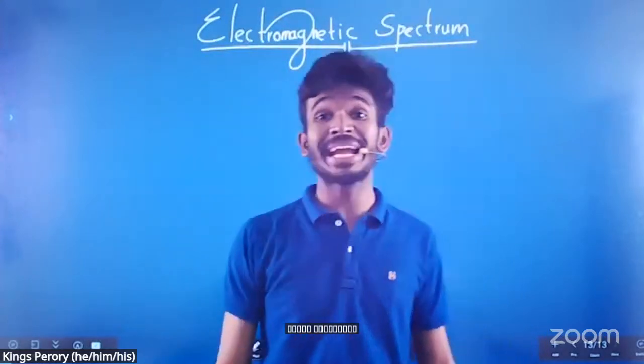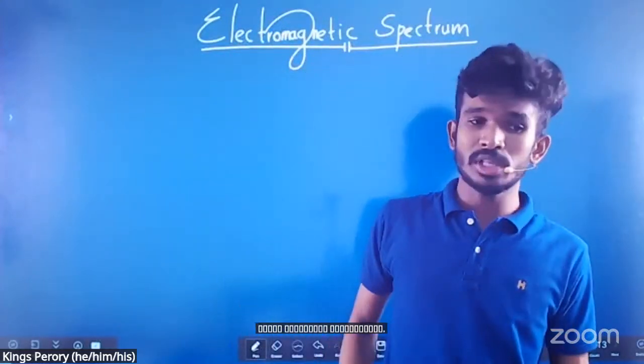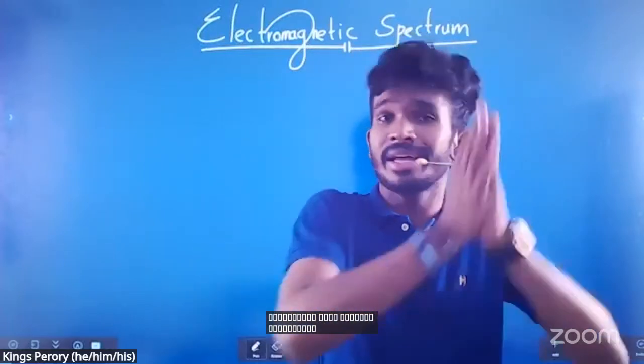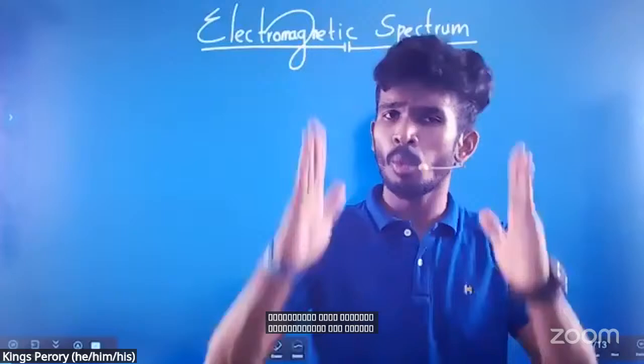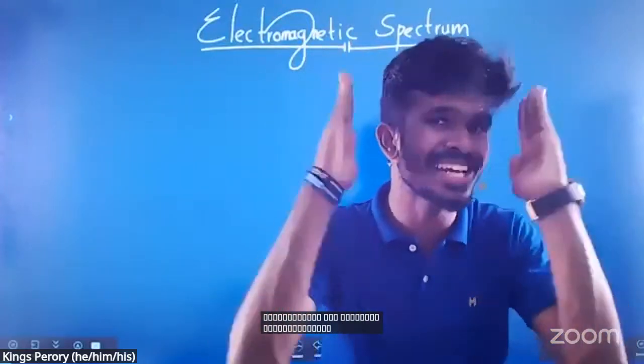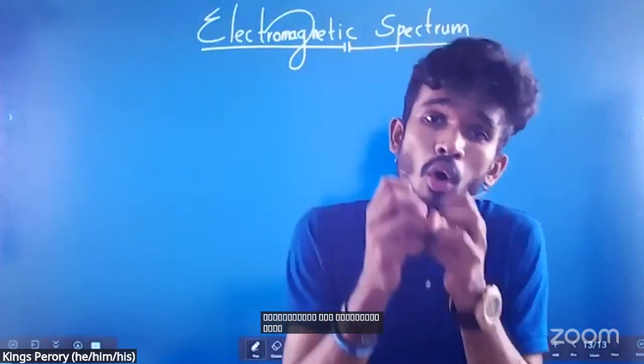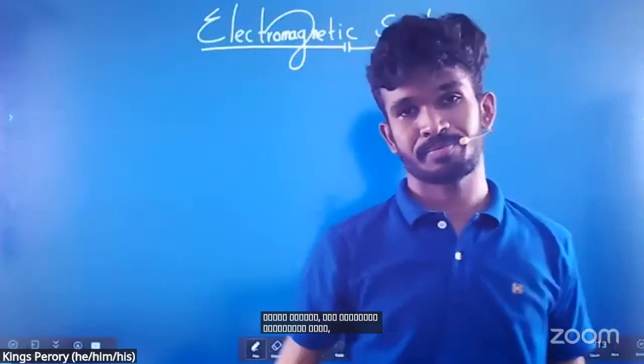Electromagnetic spectrum. Open the mouth and pronounce the name. Electromagnetic spectrum. What is the electromagnetic spectrum? A spectrum that consists of all the possible frequencies and wavelengths in electromagnetic waves.